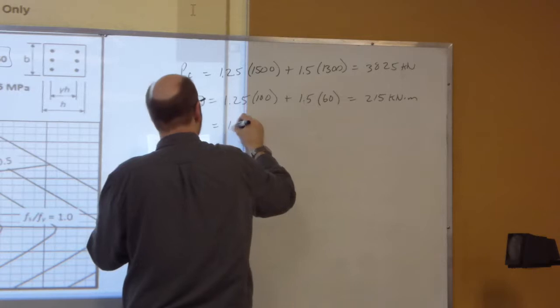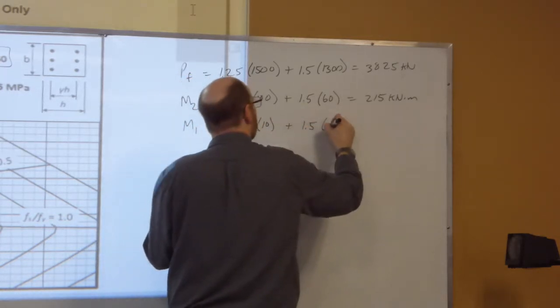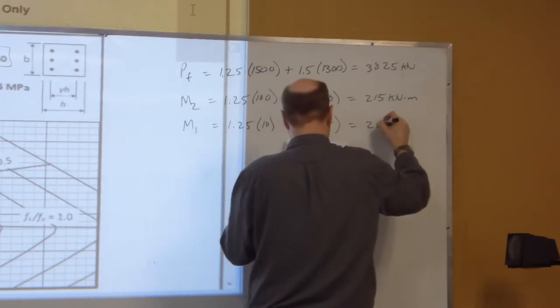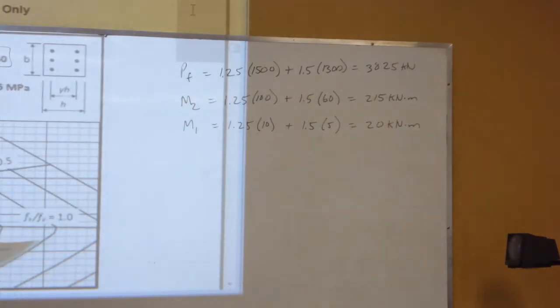Under M1, 20 kilonewton meters. Here I don't have to worry about that limit for the M1 to M2 because we're dealing with single curvature. The ratio of M1 to M2 will be positive, so therefore it will not be less than minus 0.5. So I don't even have to worry about that check in this case.